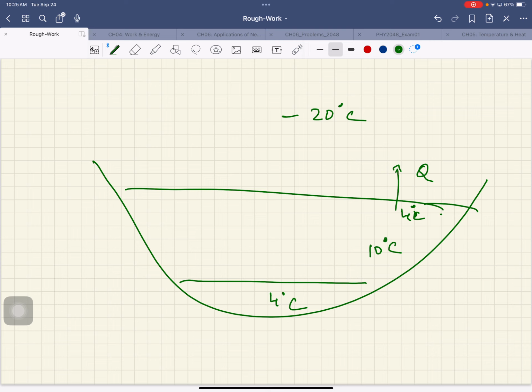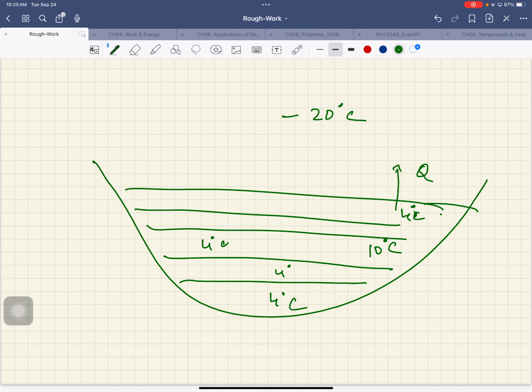Then there's more water, and eventually all of the water will get to 4 degrees Celsius. Every layer is 4 degrees Celsius. We haven't frozen the lake yet. We've got to freeze the lake.